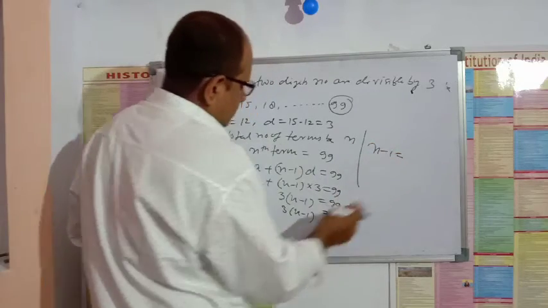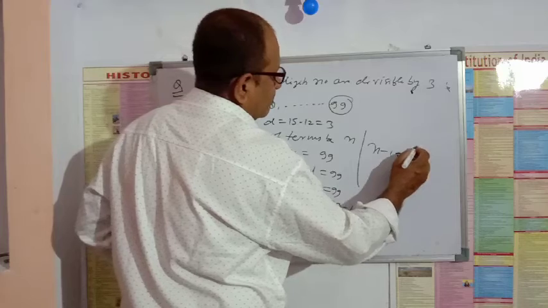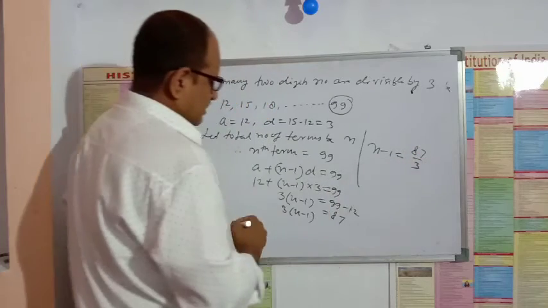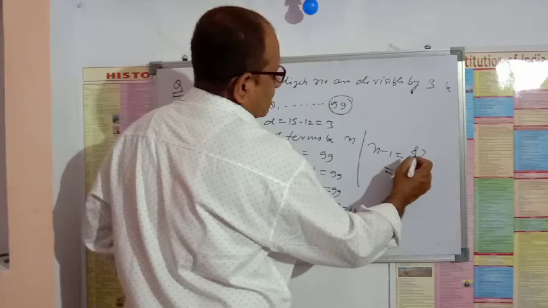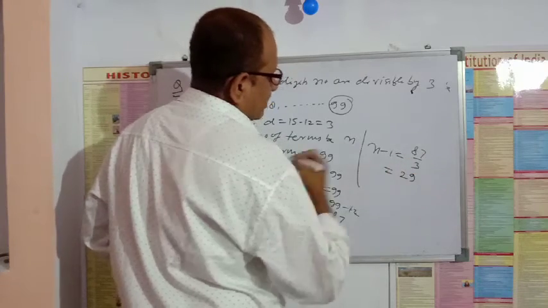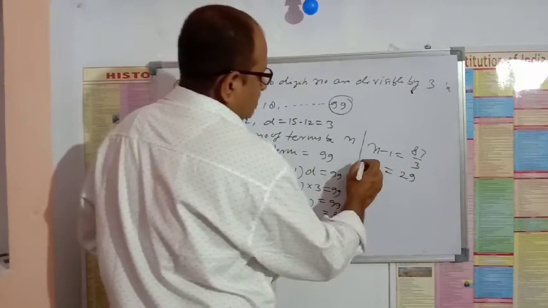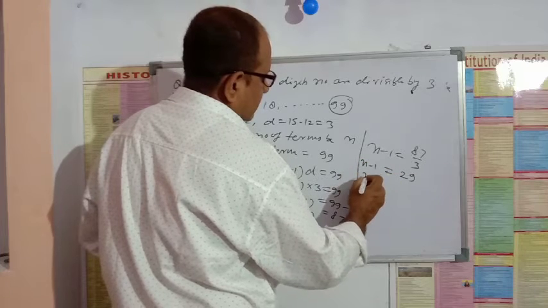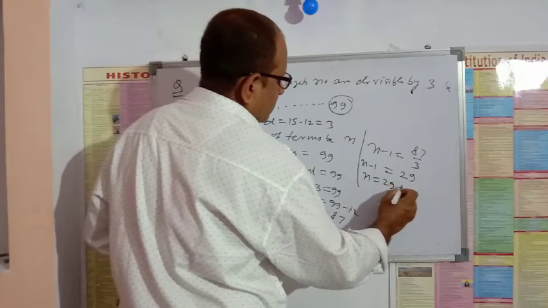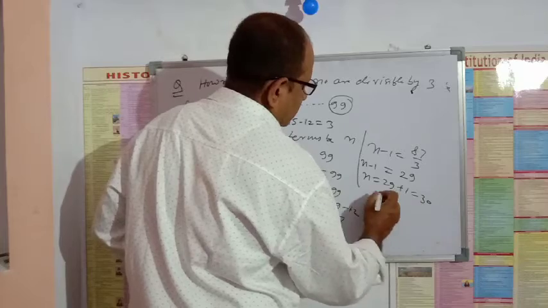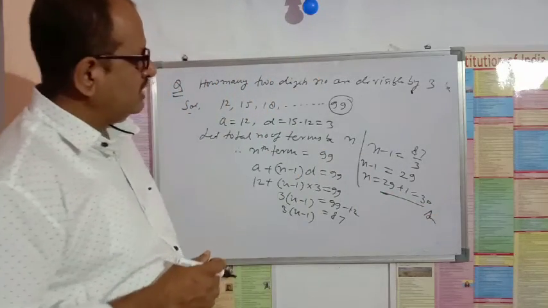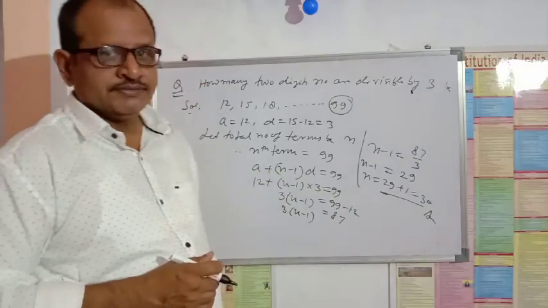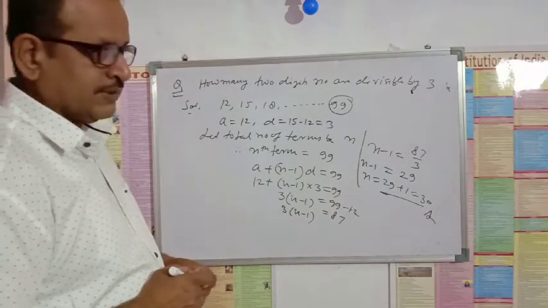What will be n minus 1? n minus 1 is equal to 87 divided by 3, which is 29. n is equal to 29 plus 1, 30. So how many two digit numbers are divisible by 3? 30 numbers are there which are divisible by 3.